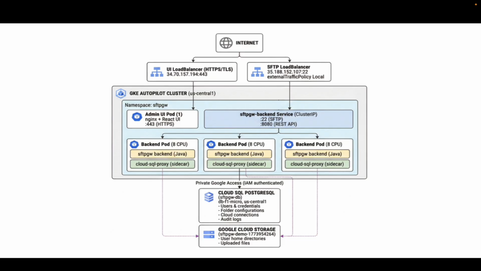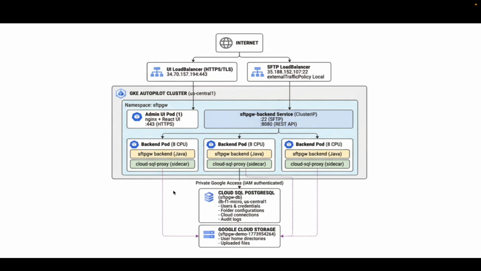There's also a second container for SFTP Gateway, which is the web admin portal. And this is what you use to manage your SFTP users. And instead of hitting the container directly, admins are first going to go through a GCP HTTPS load balancer, which will then proxy traffic to the web admin portal pod.